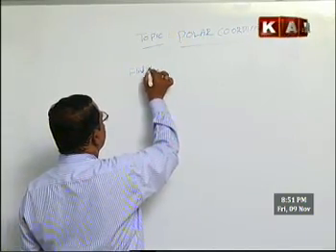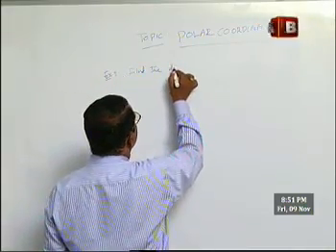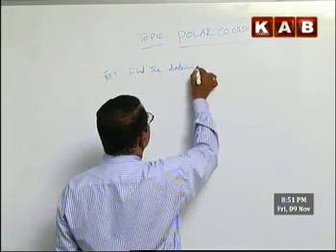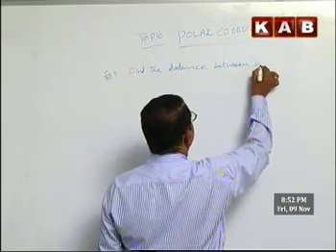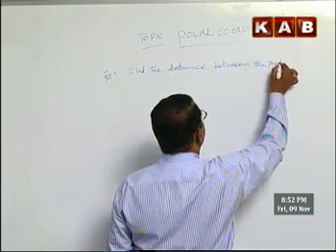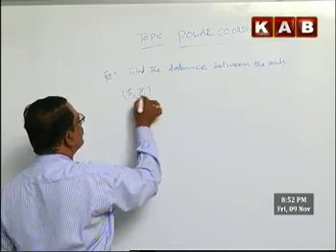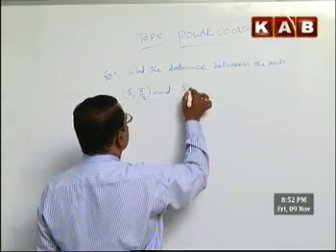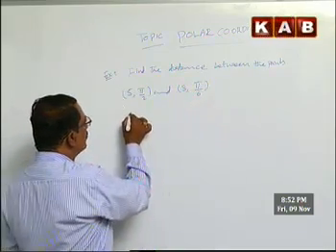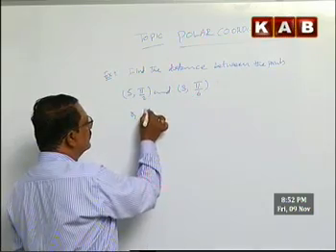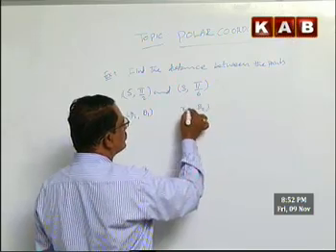Find the distance between the points (5, pi by 2) and (3, pi by 6). Now, in this, r1 equals 5, theta 1 equals pi by 2, r2 equals 3, theta 2 equals pi by 6.